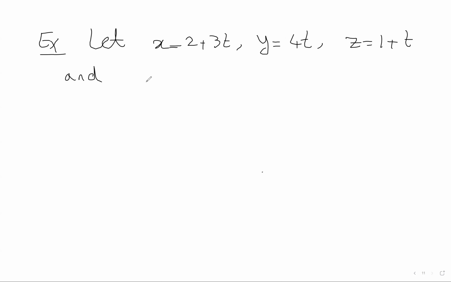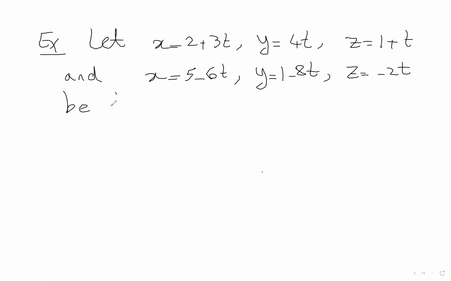And the other line, x equals 5 minus 6t, y equals 1 minus 8t, and z equals minus 2t, be 2 lines. So each of them is given in the parametric form.